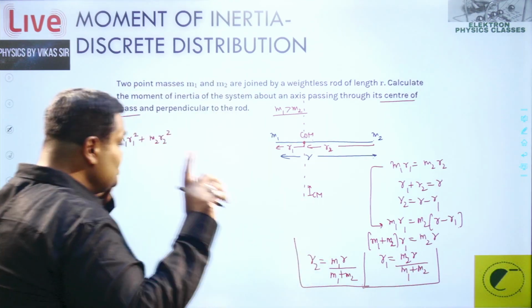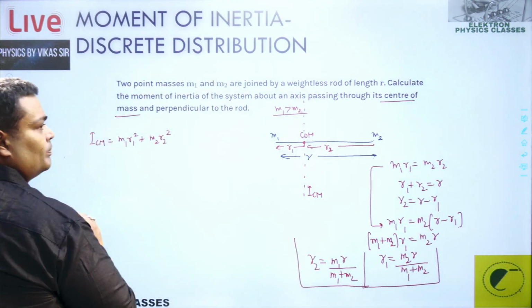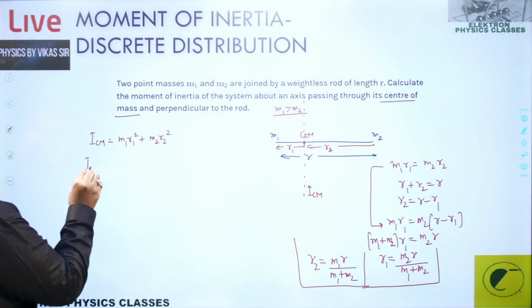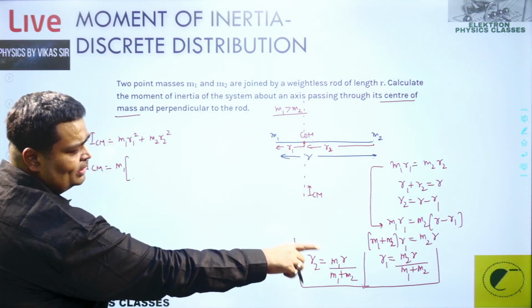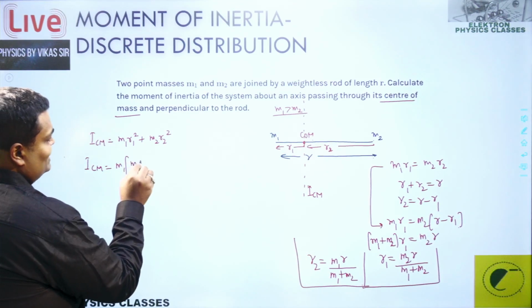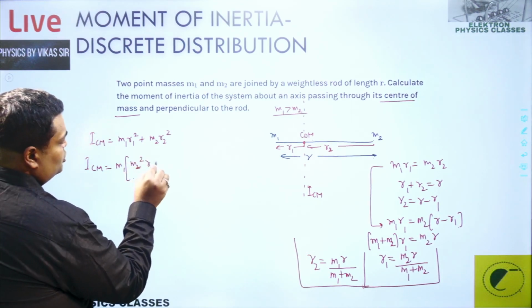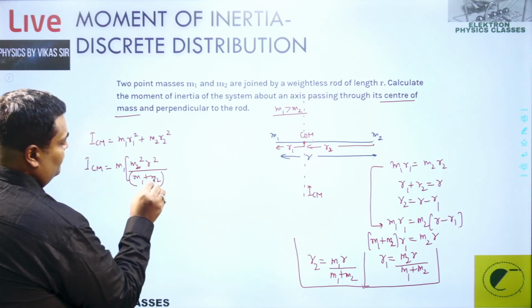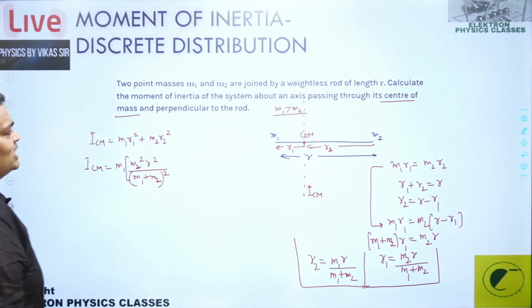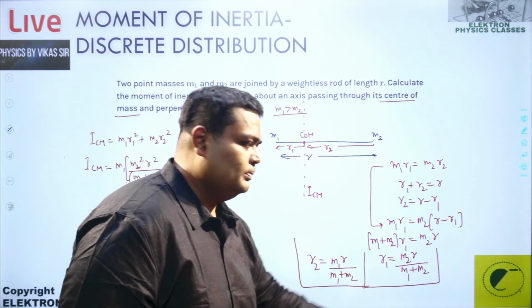And now, once you have got the value, substitute here. So the moment of inertia about the center of mass becomes equal to m1 into r1 square. Square the term. That is m2 square r square upon (m1 plus m2) whole square. That's placing the value for r1 from here.